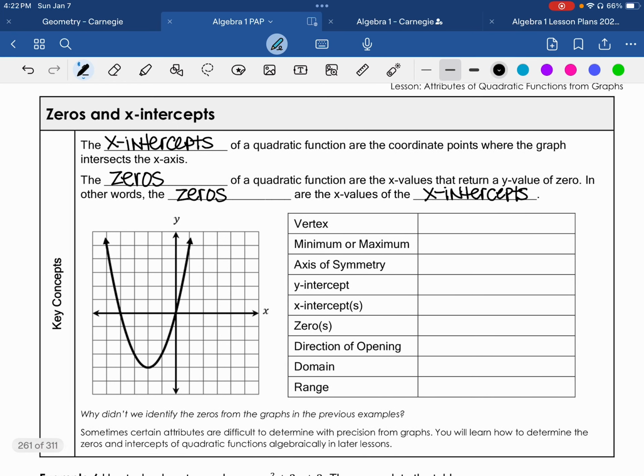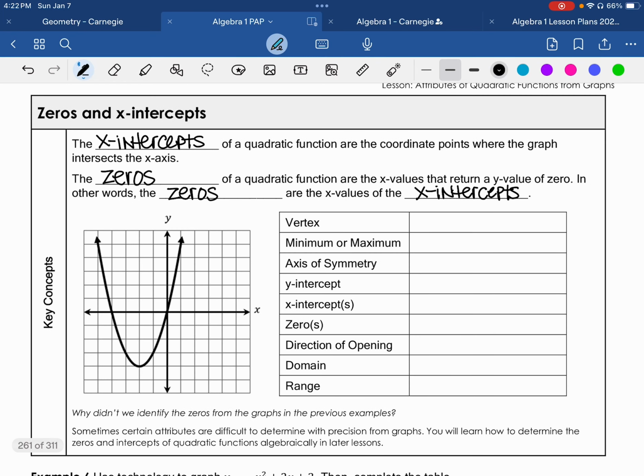All right, let's go ahead and talk about finding our zeros and our x-intercepts. The x-intercepts of a quadratic function are the coordinates of the points where the graph intersects the x-axis. The zeros of a quadratic function are the x values that return a y value of 0.